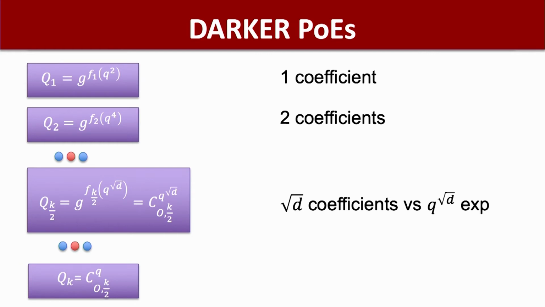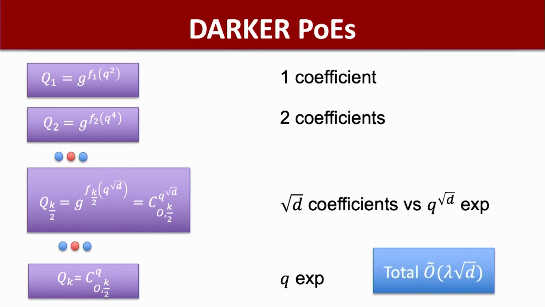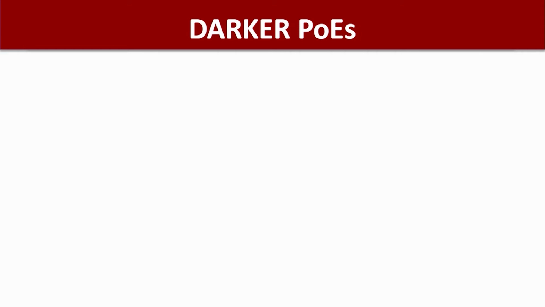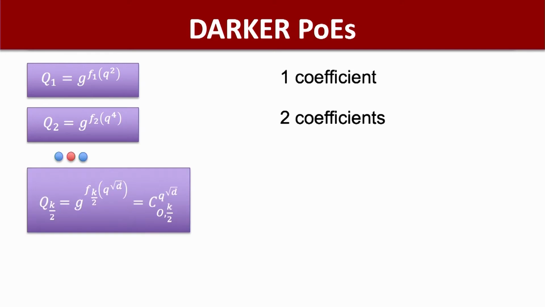And for the later rounds, the final thing is just an exponentiation by q, which is cheap anyway. So what does this mean? I went over this very quickly, but I hope you can believe me that the overall cost is just square root of d. I do one way going up to the halfway point and then the other way going down, and the overall cost is just square root of d.